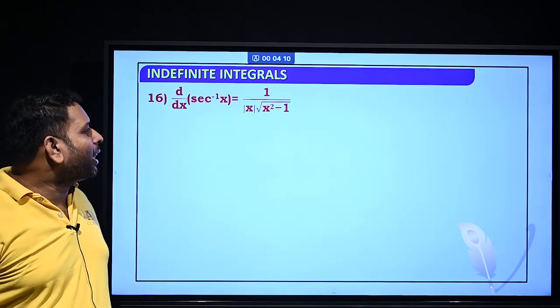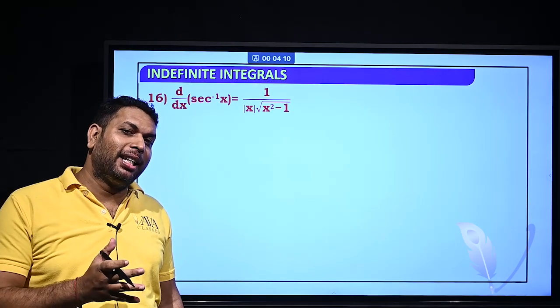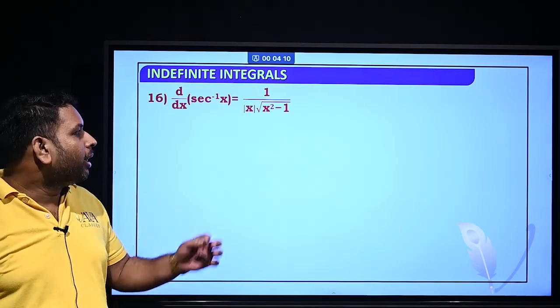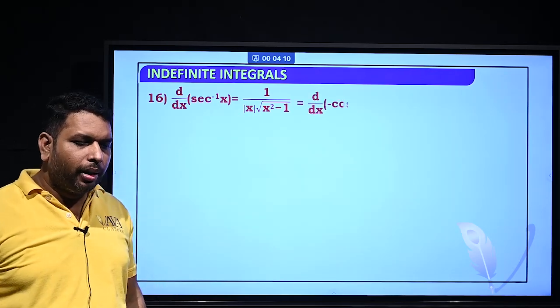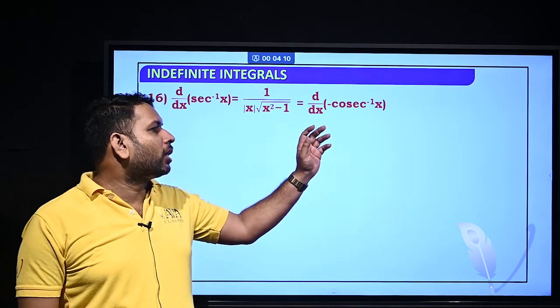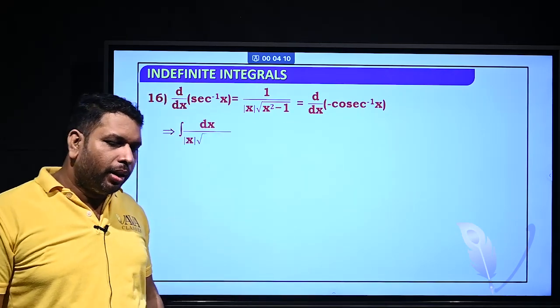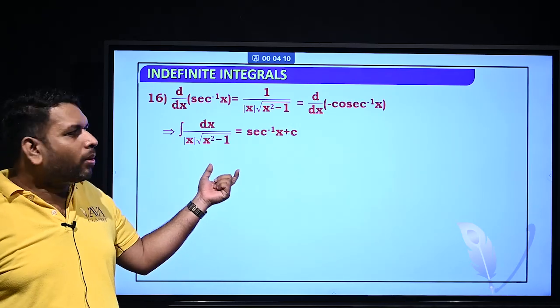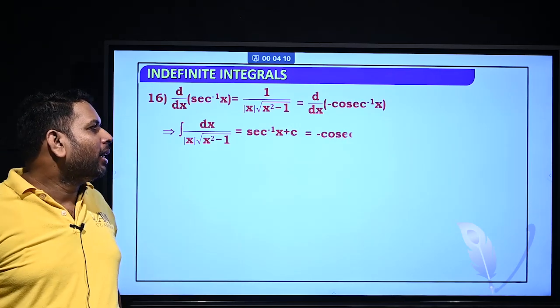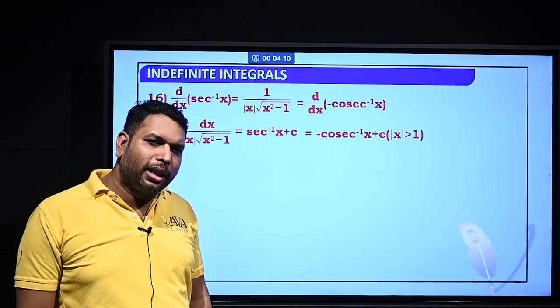Again, derivative of sec inverse x is 1 by mod x root over x square minus 1. Remember, this is mod x, which is the derivative of minus cosec inverse x. So integration of dx by mod x root over x square minus 1 equals sec inverse x plus c, also equal to minus cosec inverse x plus c.